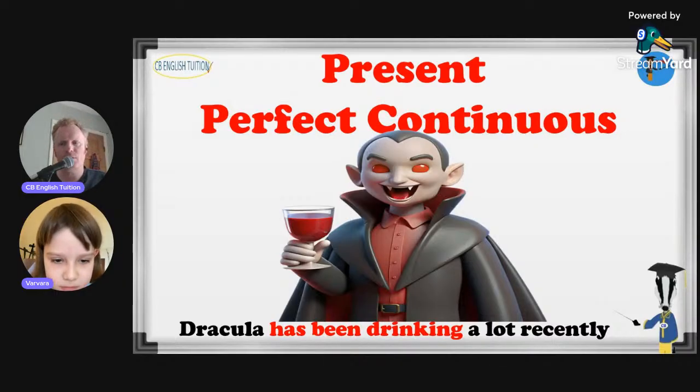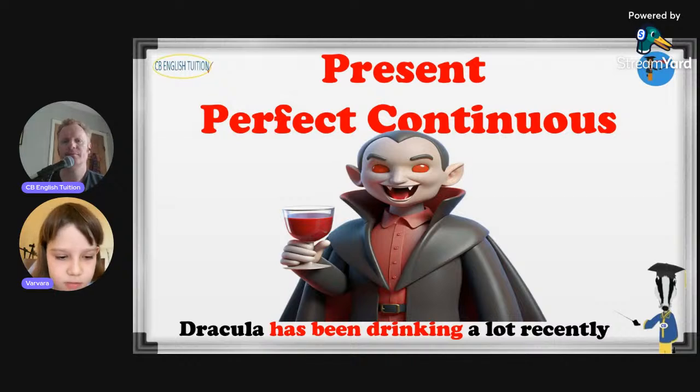Which present tense did we do yesterday? Yesterday we did present perfect. Yes. What do you remember about the present perfect?